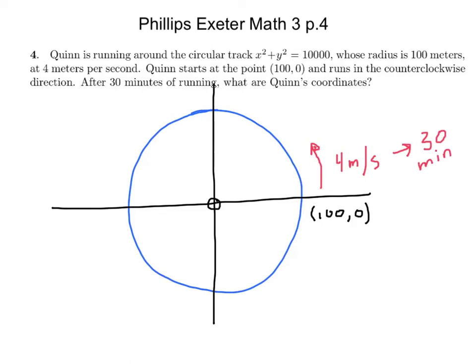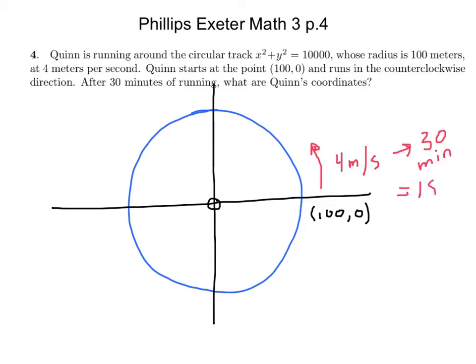So what's the first thing we want to find here? How far Quinn goes. So we can figure out how far Quinn goes total, taking 30 minutes. And Quinn is going 4 meters per second. How many seconds is 30 minutes?